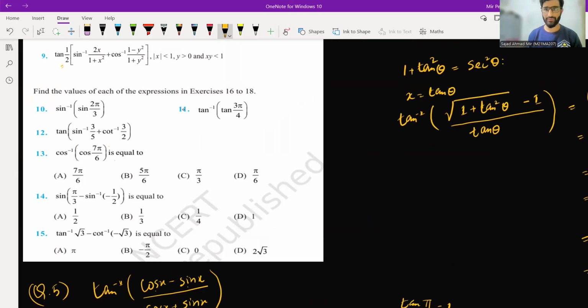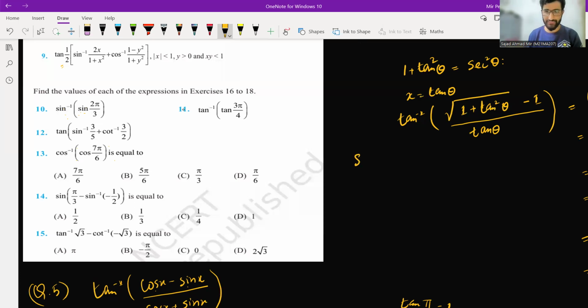Question number 10 is saying sine inverse of sine of 2 pi by 3. Usually we try to cancel these two things, but we have to be careful that this value is in the domain of sine inverse or any other trigonometric function. So for that, we should know the range for which the trigonometric functions are defined.